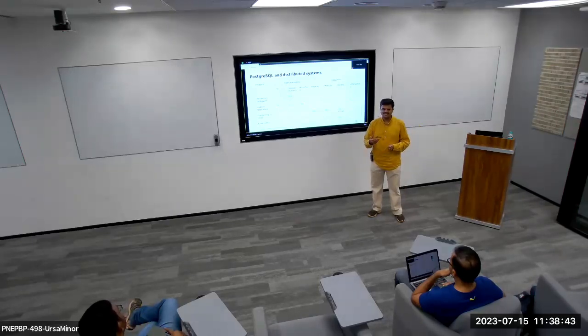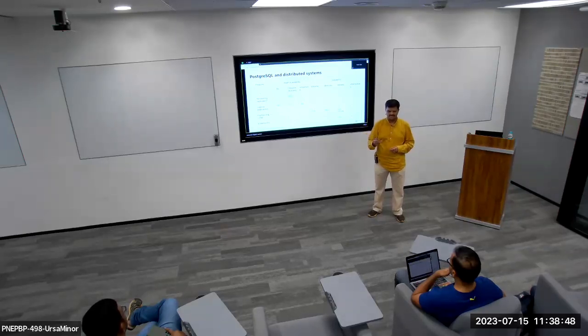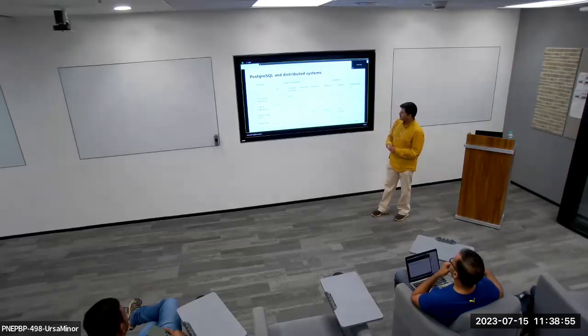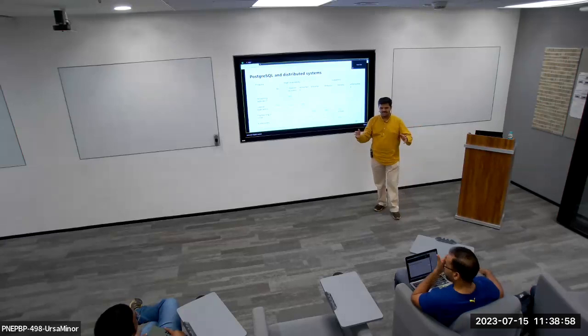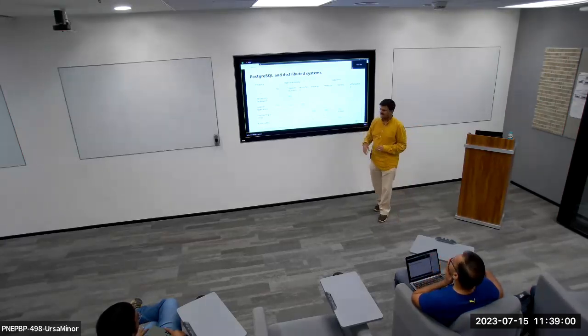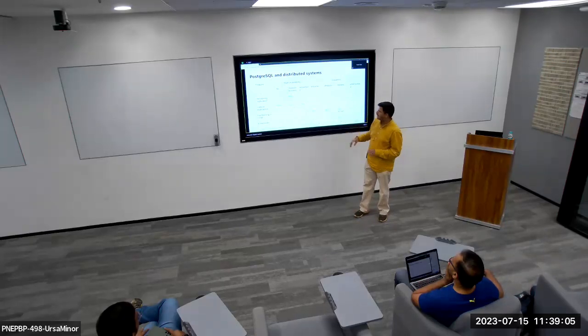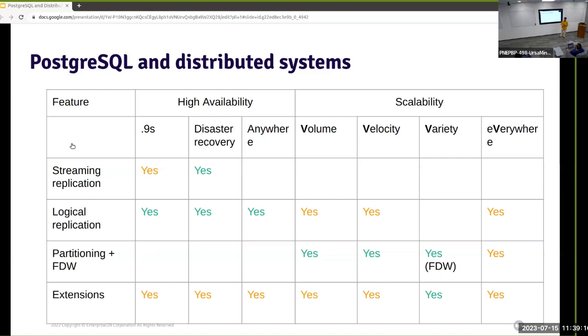The third is create a fork and build your system from scratch, like what Postgres-XC was, like what Yugabyte is doing. But all of these flavors of building distributed systems are usually based on the 4 pillars, I would say. 2 kinds of replication, which allow high availability, partitioning plus FDW in some form, which allow distribution.